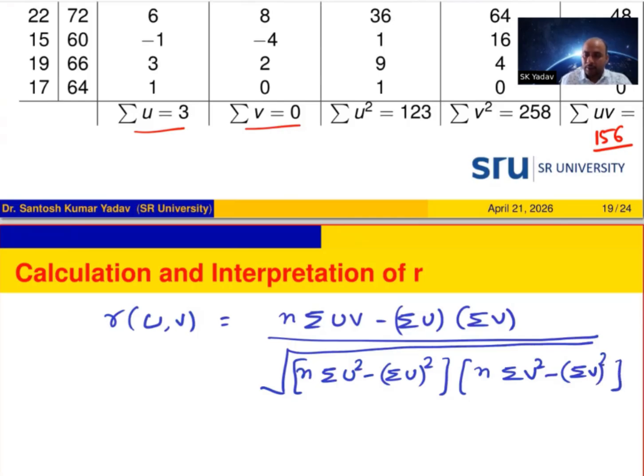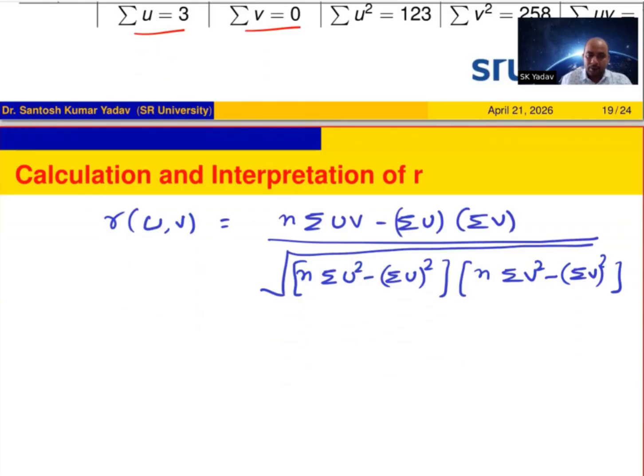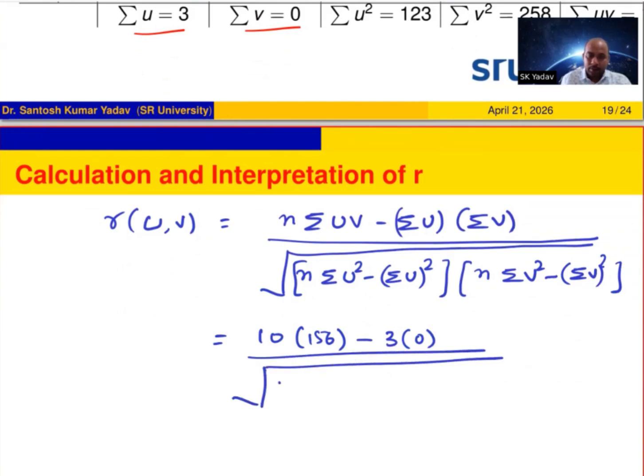So this can be easily computed. The numbers are now here: 10 times 156, which is summation UV, minus 3 into 0, divided by the square root of 10 times summation U square, which is 123, minus 3 square in one bracket.